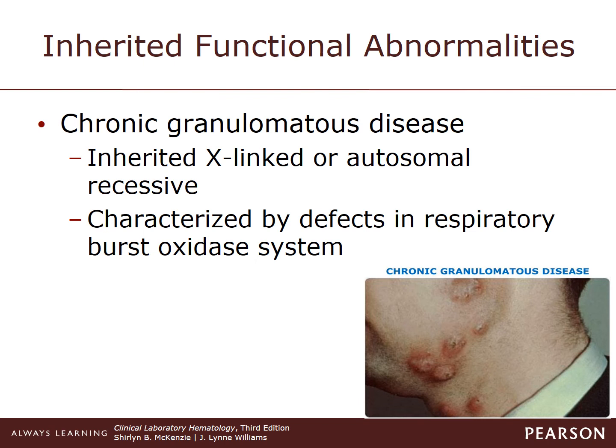I didn't show you a picture of a neutrophil here because the cells affected by it are morphologically normal. So they have a defective respiratory burst. They can engulf the microorganisms, but again, they don't produce the hydrogen peroxide to kill the microorganisms.